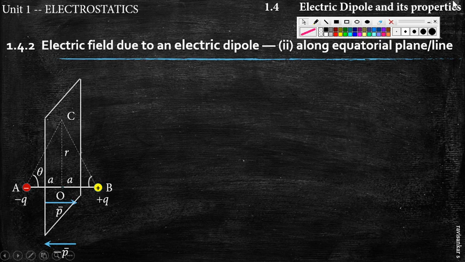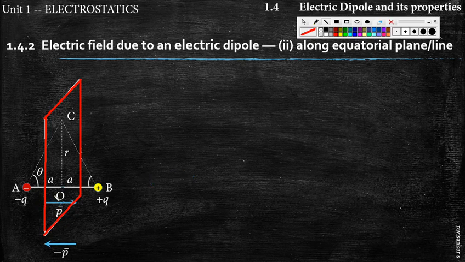Now in this diagram, we have this plane, a rectangular plane here. This is the equatorial plane. And how do we call this the equatorial plane?